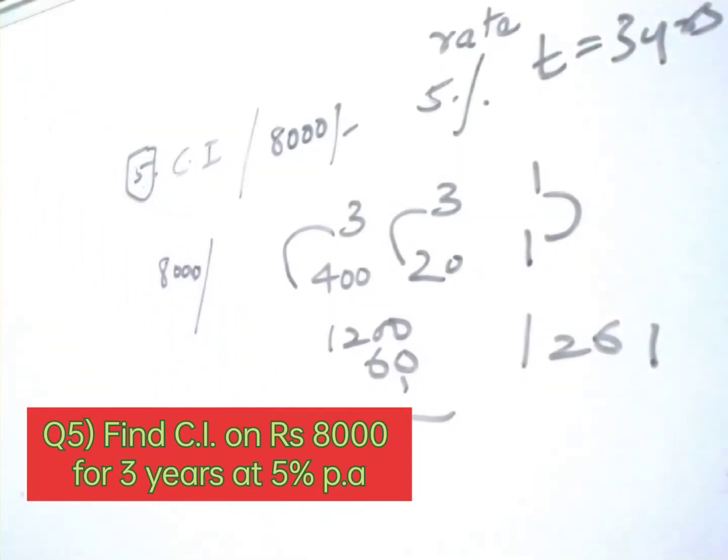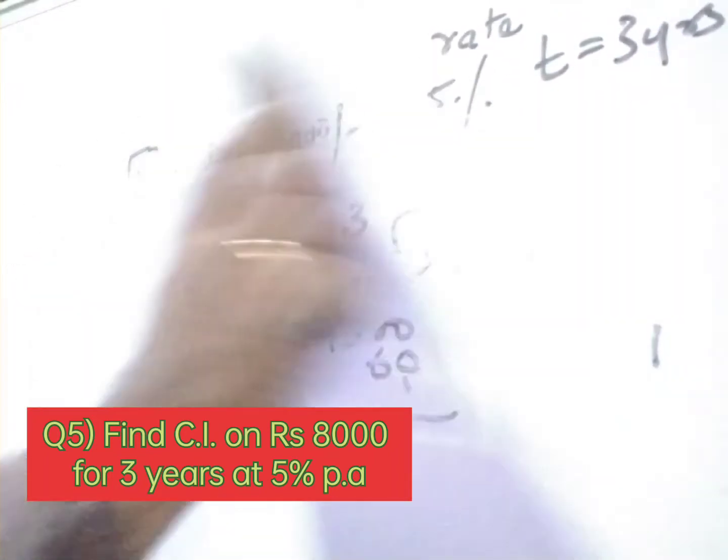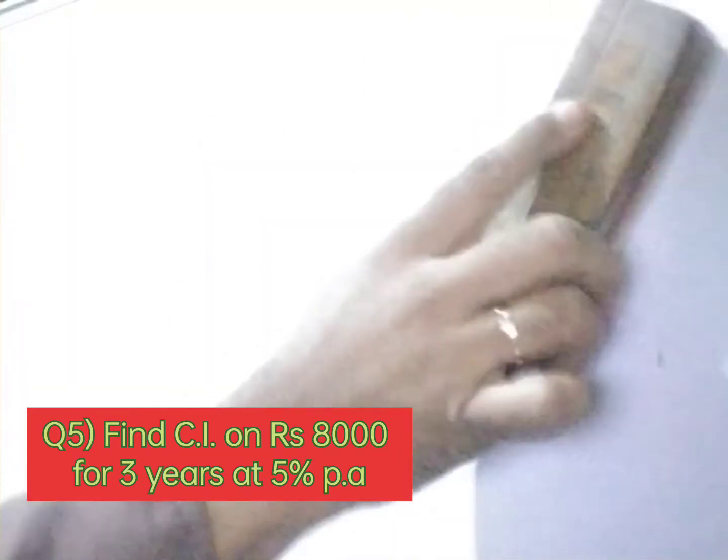Fifth one. Last one for 3 years. Find compound interest.